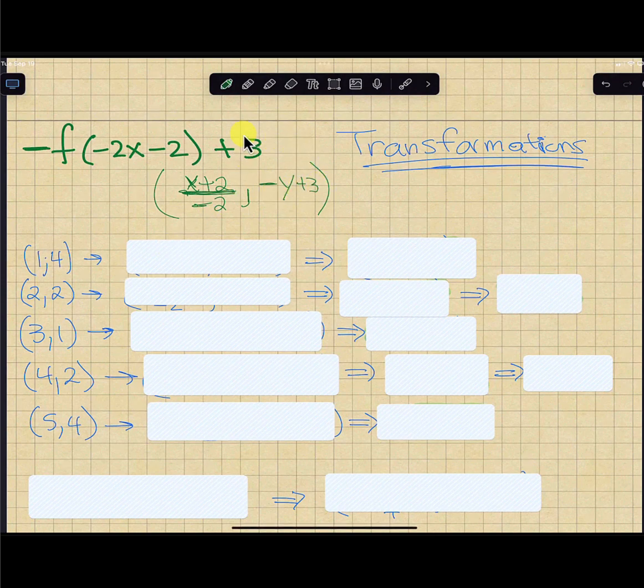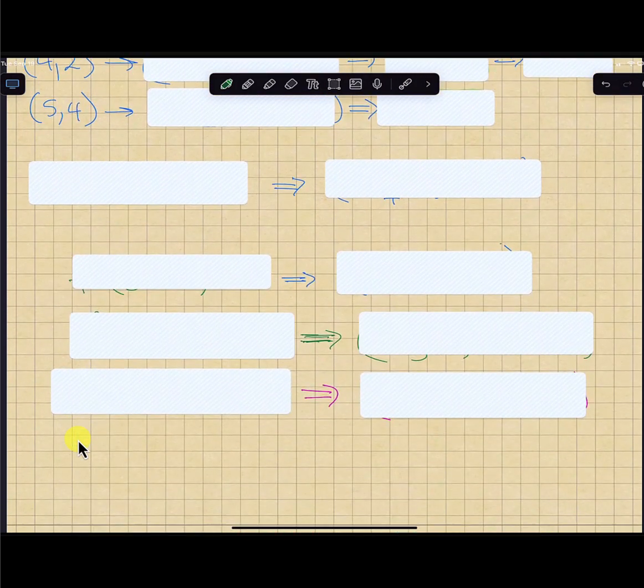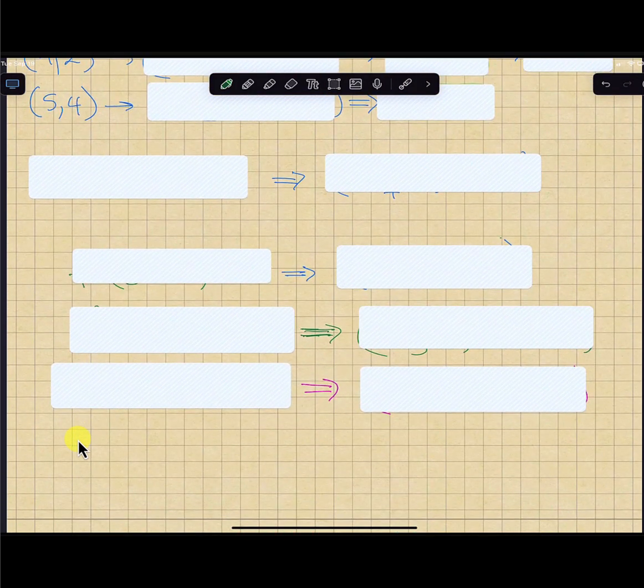Now, we'll use this formula to find the new coordinates for these original points, but before I do that, let's just practice doing a few more transformations real quick. Let's say you have this function, negative f of 7x plus 4 minus 8.